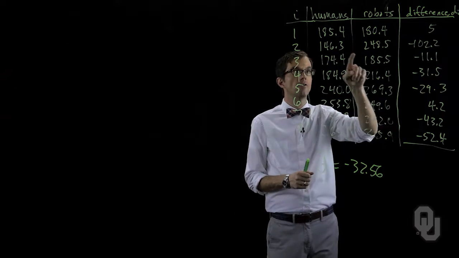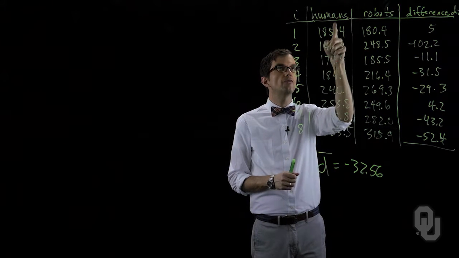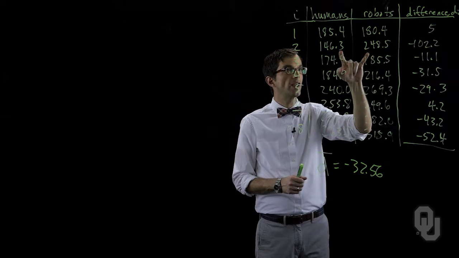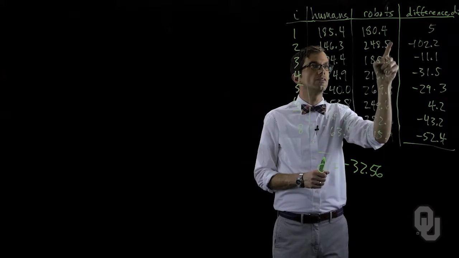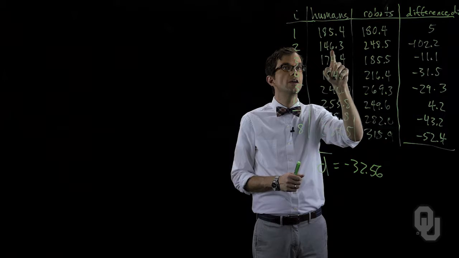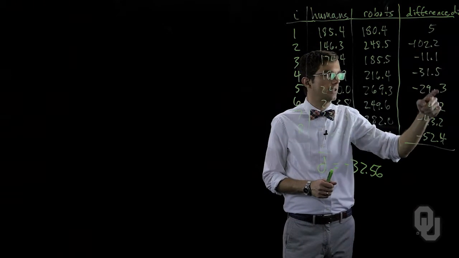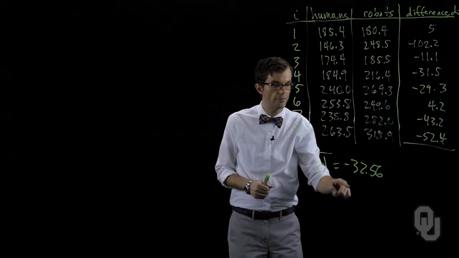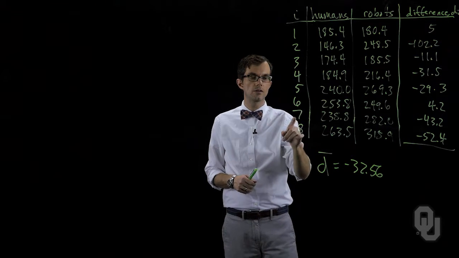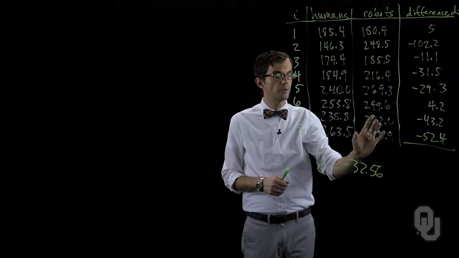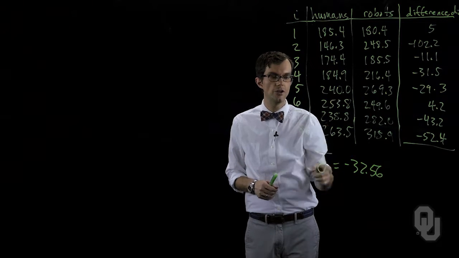And we're seeing that, right? This is the throughput for the human task. This is the throughput for the robot task. They're quite a bit different from each other. That's because the throughput was higher for robots in this particular task. And we're seeing a lot of negative numbers over here. So on average, based on this set of 8 sample tasks, we're seeing that robots produce a higher throughput than humans.